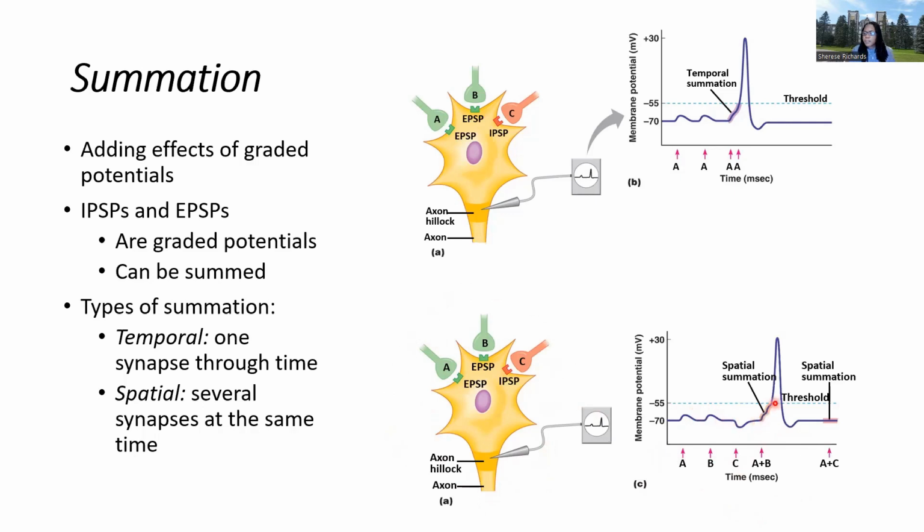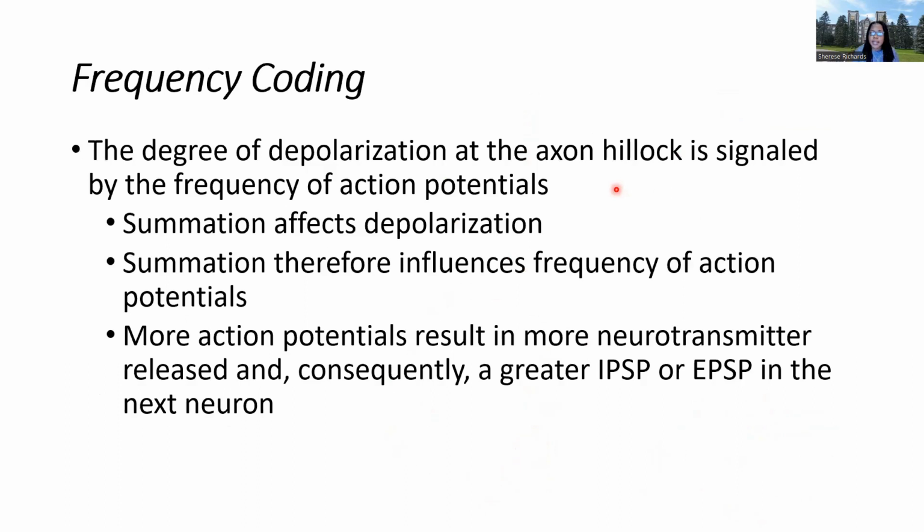And so basically, we're combining those, and that is enough to get us to threshold, so that will fire an action potential. All right, and I think we've talked about summation before. So again, this is a process that happens at the axon hillock that will ultimately determine whether or not the action potential is initiated.